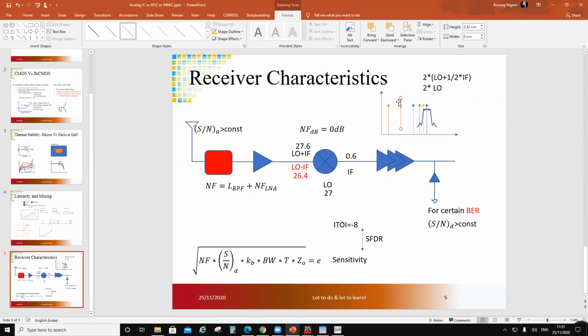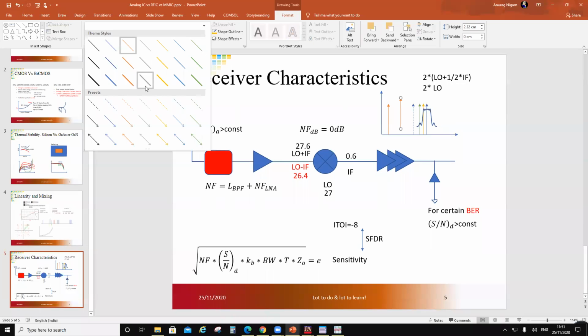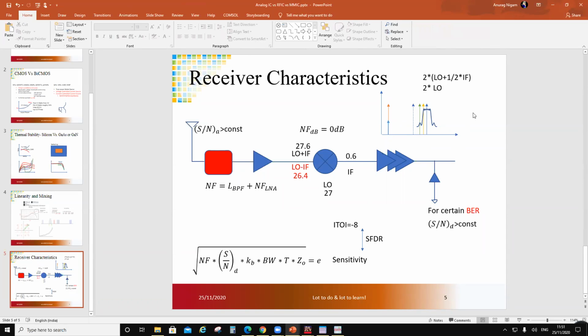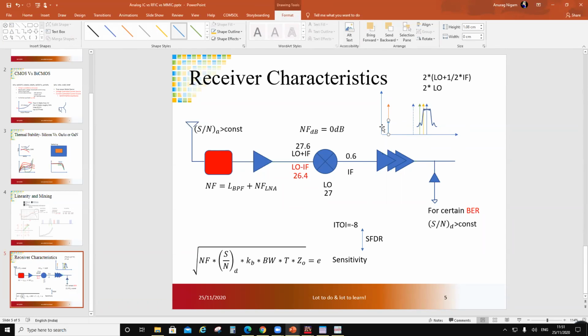I'm going to get back this. So from this yellow component, I'm getting back this component.